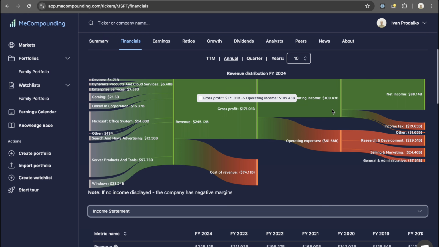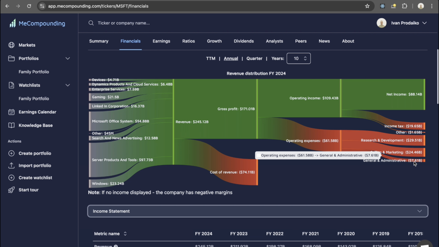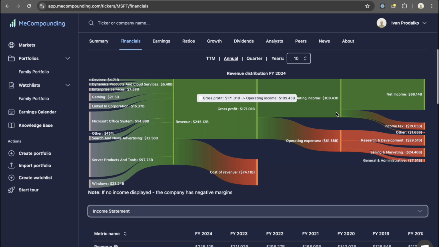Out of gross profit, the company is spending operational expenses. That includes research and development, selling and marketing, general and administrative expenses. And the company is left with operational income. So the difference between operational income and the revenue itself is called operational income margin.